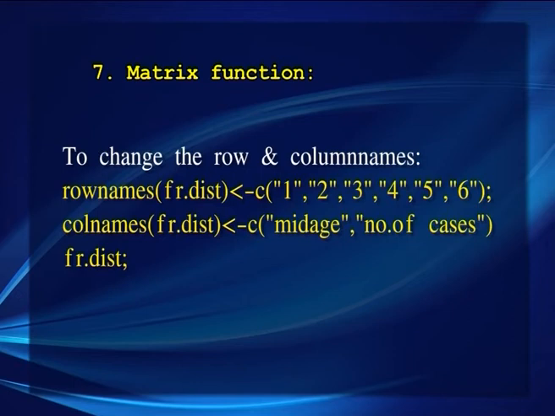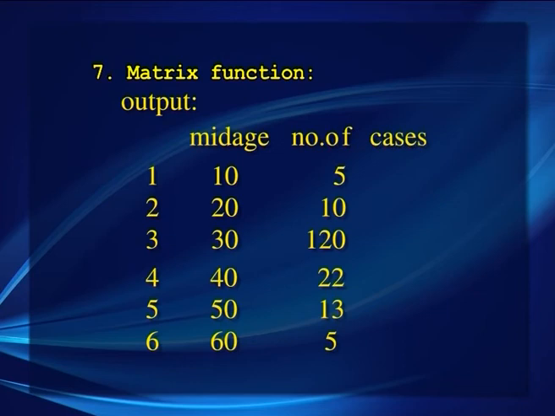Then colnames, open the bracket, fr.dist, close the bracket, use the assignment operator C, open the bracket, within double quotes mid-age, again within double quotes number of cases, close the bracket, fr.dist. Then in the output we observe that the row names and column names have been changed.